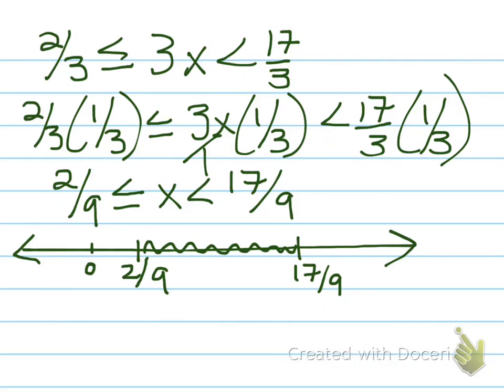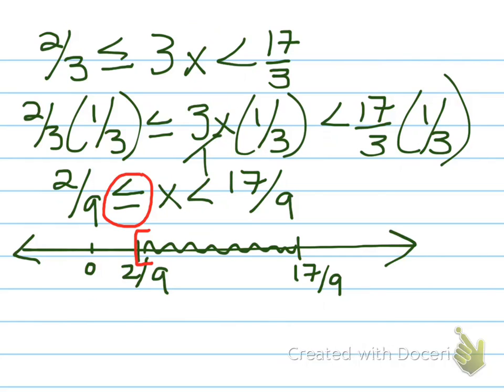Then we need to think about, do we use the square bracket or do we use the parenthesis? So since the 2 ninths has a less than or equal to, that means that 2 ninths can be part of the solution set, so we use a square bracket.